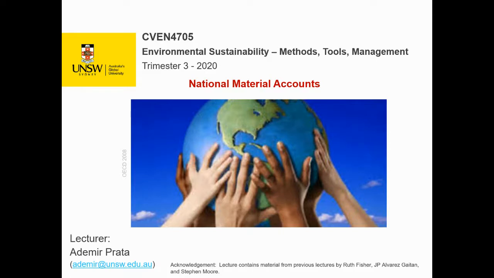But a lot of the things are at least close to each other in terms of how you report it to functional units and things like that. In the end, national material accounts are another way of looking at a footprint, in this case a footprint of material requirements. Let's start, and then we will explain better what it means.